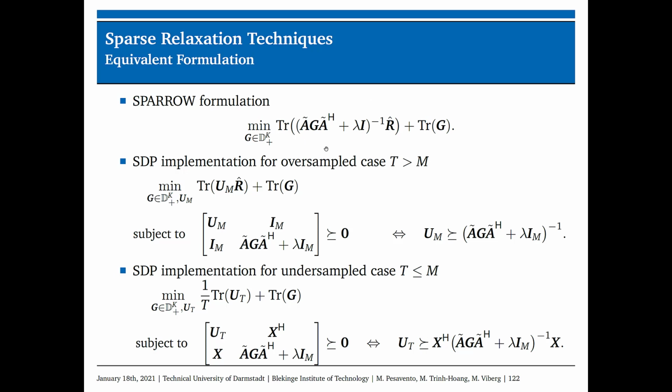Then we upper bound X Hermitian times the inverse times X to obtain an affine objective again. And then again we employ Schur's theorem to obtain a semi-definite program. Both semi-definite programs can be efficiently solved using standard interior point solvers.